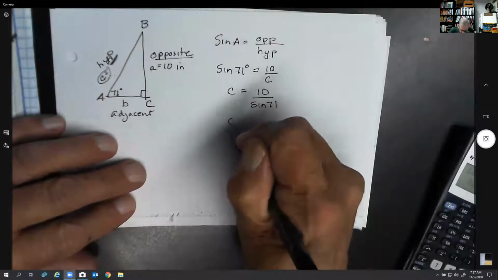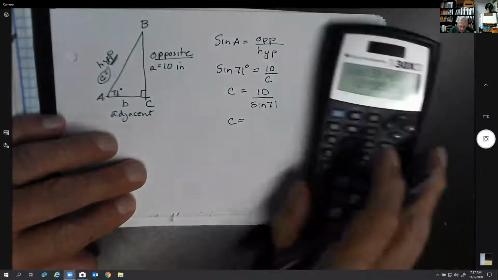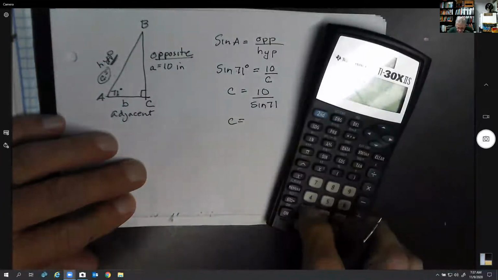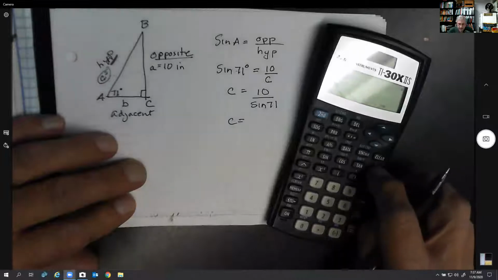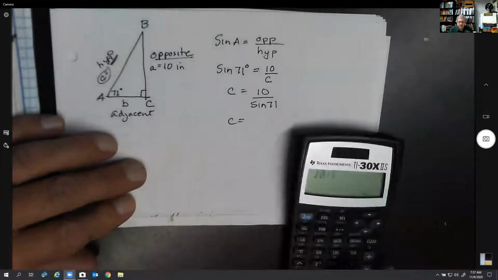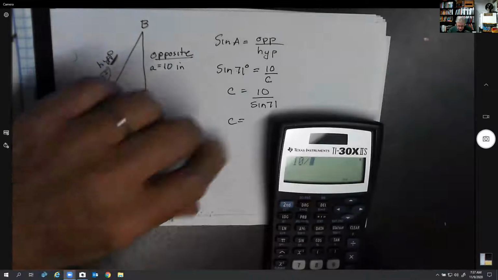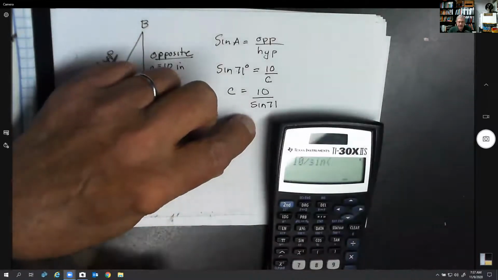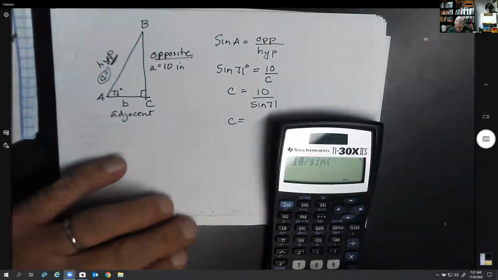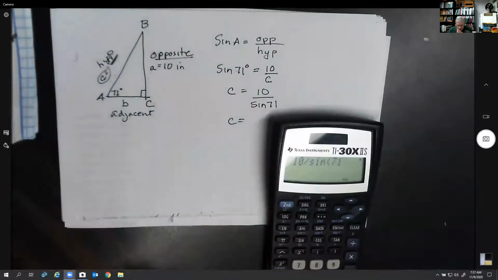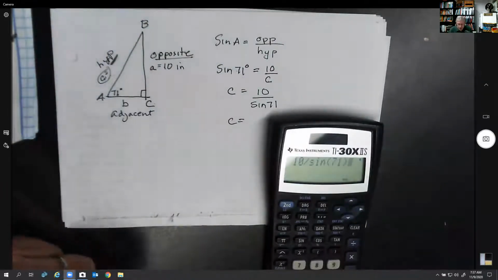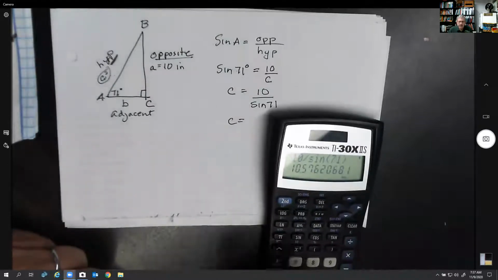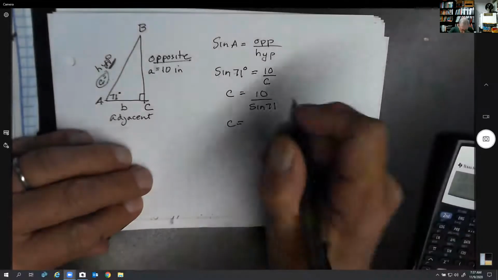So now we can find the answer by taking 10 and dividing it by the sine. We're going to hit the sine key right there of 71. And that's already degrees. So we'll put a parentheses and hit equal. 10.57.